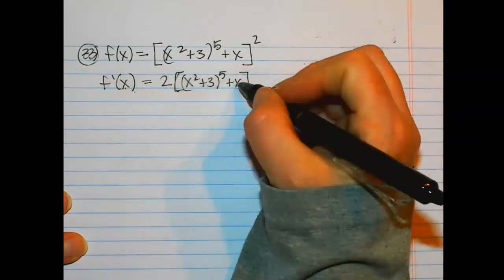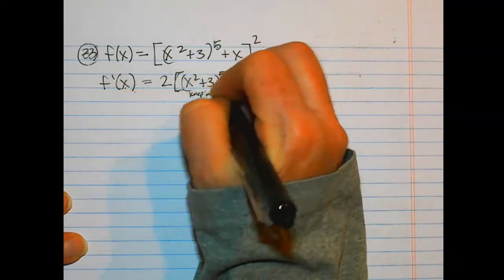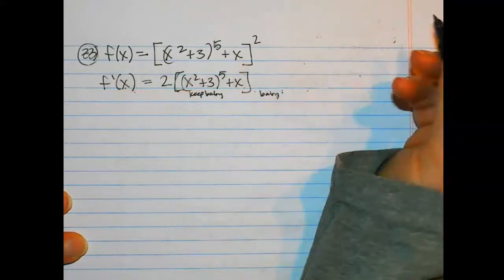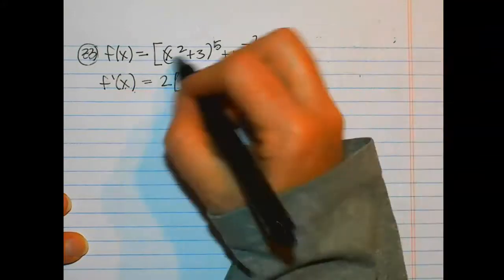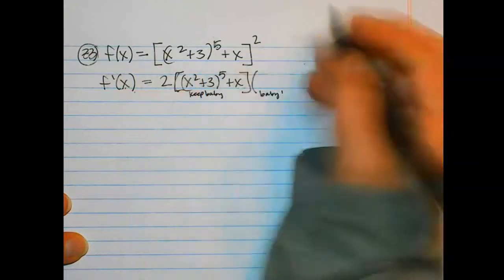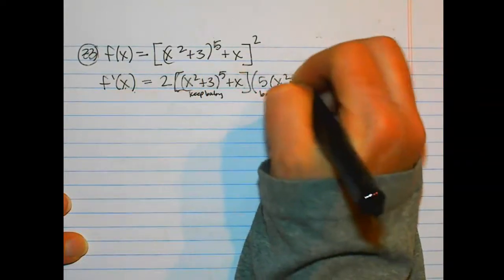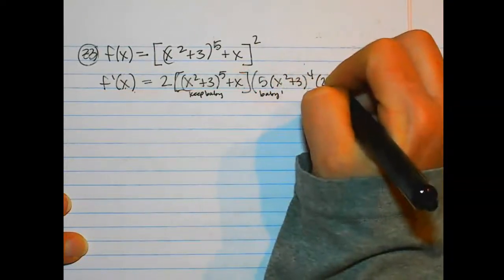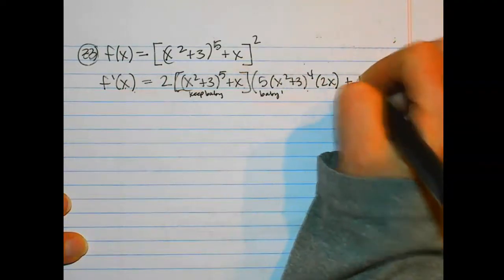Keep the baby. So this is keep the baby times the derivative of the baby. So this is going to be baby prime. Baby prime is the derivative of this piece, which is going to be 5 x squared plus 3 to the 4th times 2x plus 1.